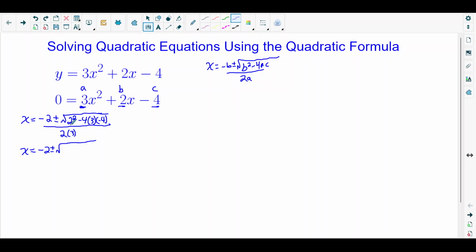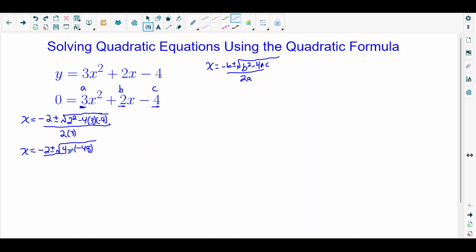All right, under the square root sign, we have a 2 squared. So 2 squared is 4. I'm going to leave this minus sign here. And then we're going to do 4 times 3 times 4 and get 48, except that last 4 was a negative, so this ends up being a negative 48. And again, be very careful of the signs here.